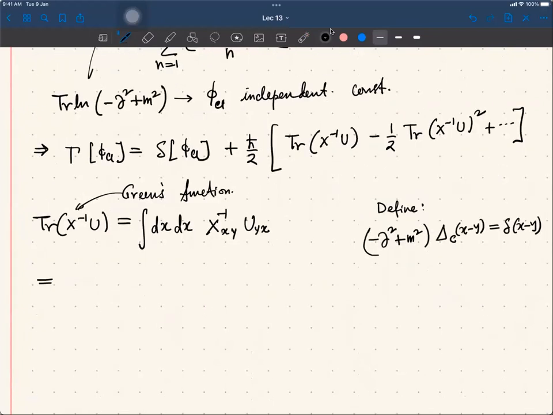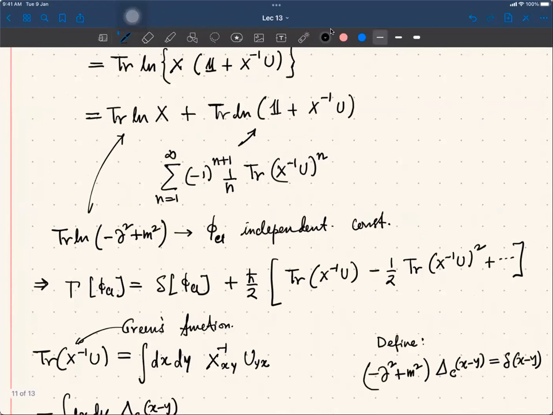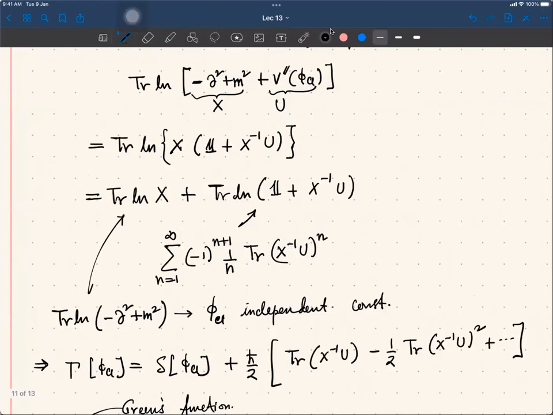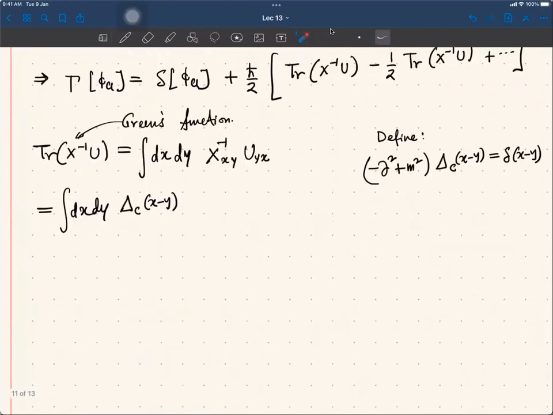Now X inverse(x,y) means delta_c(x minus y), and U(y,x) is basically, U is a diagonal matrix whose matrix element is V double prime phi_cl at that point.